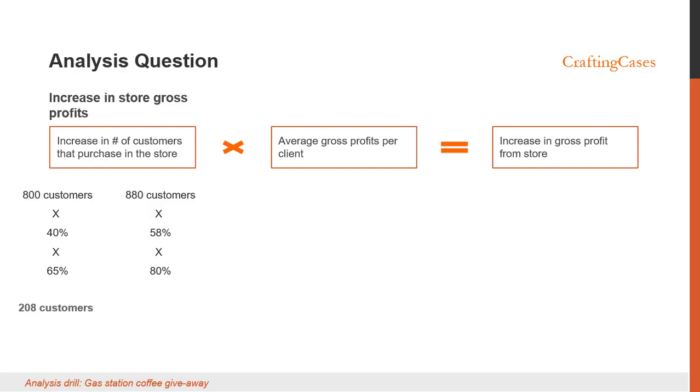Now, the way I want to do this is I want to multiply 800, not 880, by 58%, which is the most complex one. Then I'll subtract 20%, and then I'll add back 10% because I used 800 instead of 880.